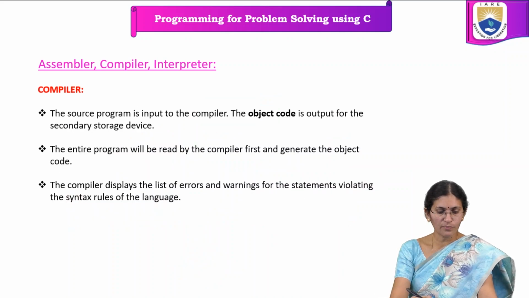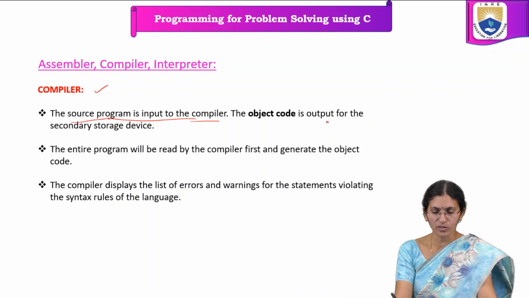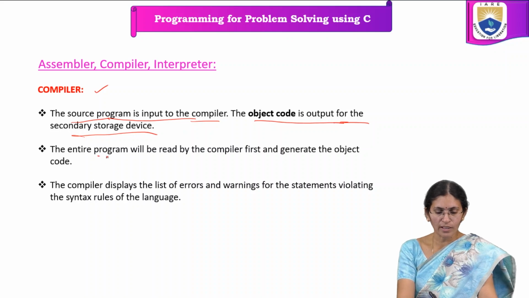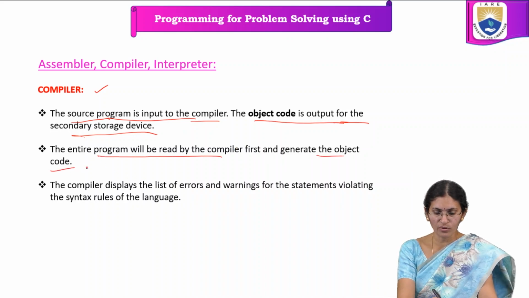Next, after this we have the compiler. The source program, which is written in high level language, is the input to the compiler. The output is the object code or machine code, which goes to the secondary storage device. The entire program is read by the compiler first and it generates the object code.